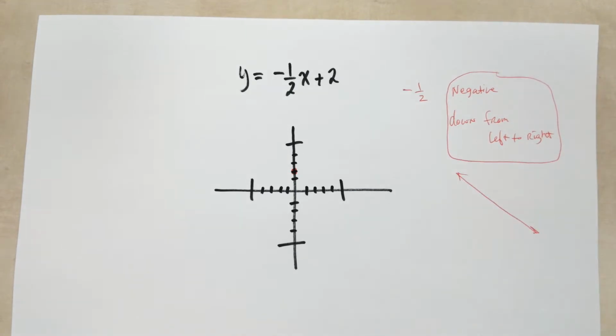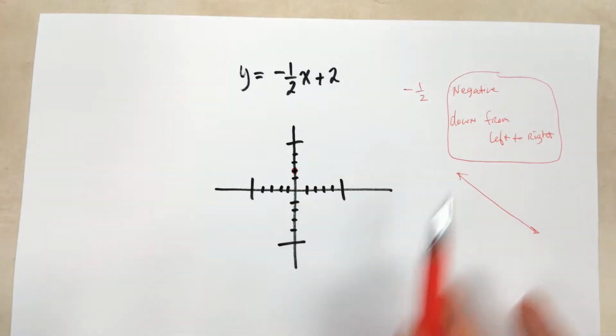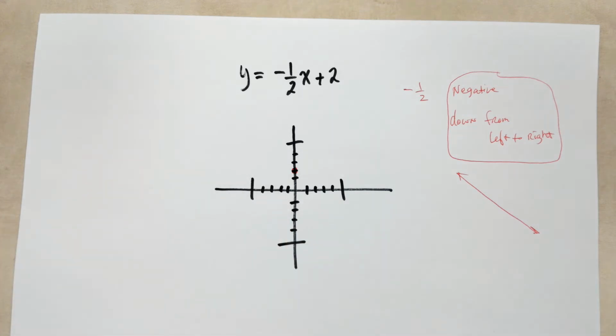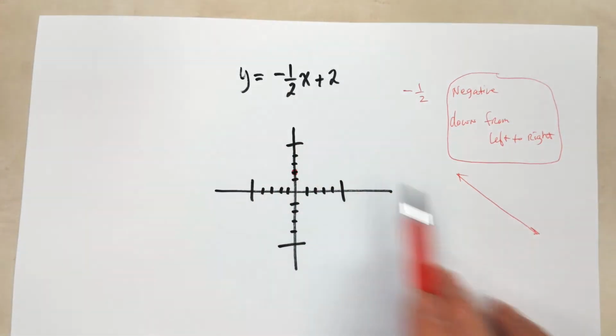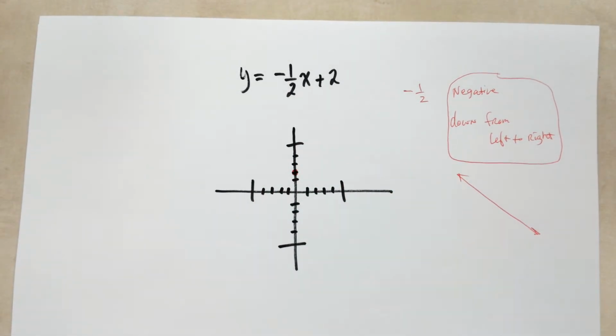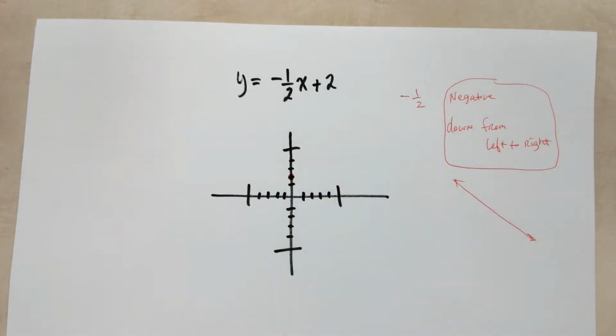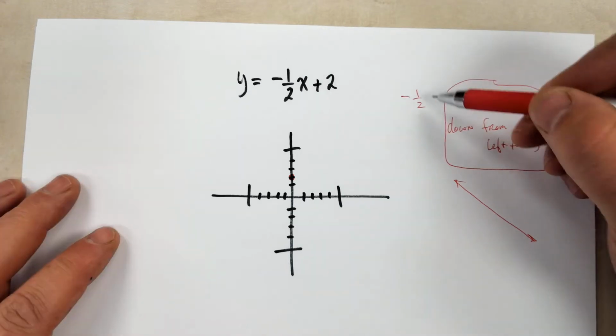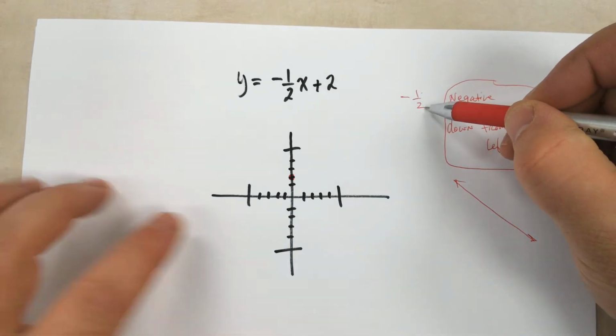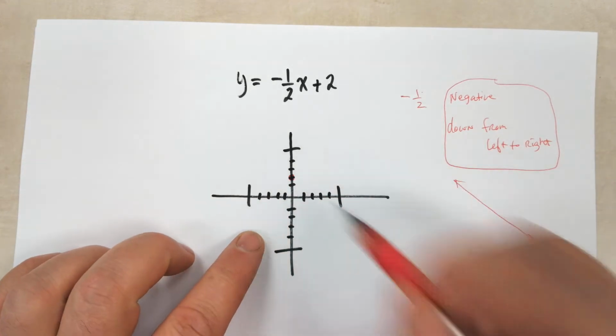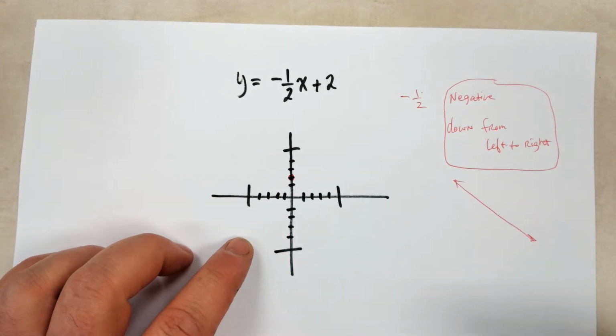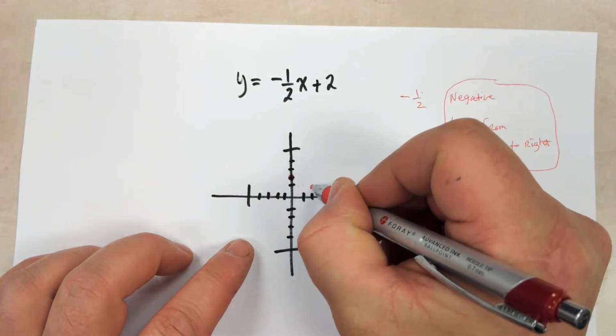The reason I mention it is that it's easy to mix this up. So when you're done with your graph, you want to check: is my slope negative, and is it going down? Because if your line's going up and it says negative slope, you're wrong. Okay? So rise over run. Starting here, we have to go down 1 and then right 2. 1, 2.